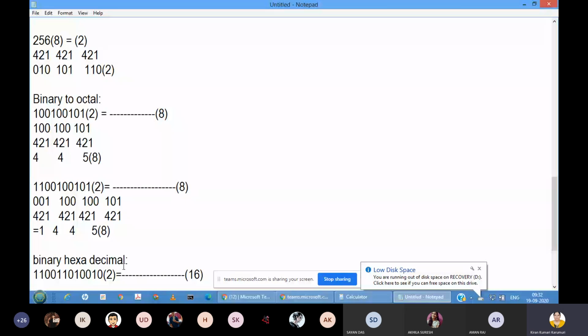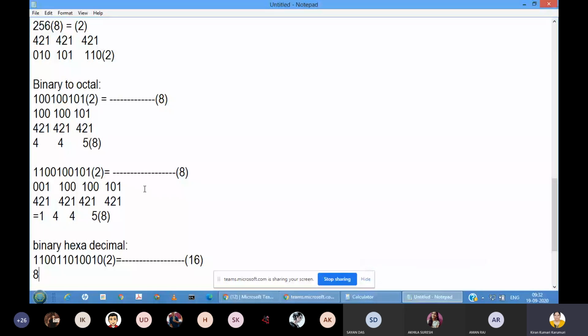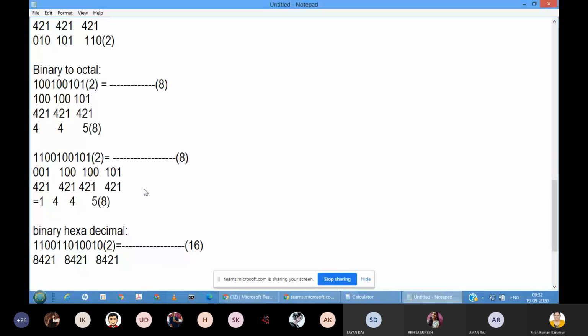Yes, so here it is 8421, each group has 8421. So 1100, then 1101, then 0010.